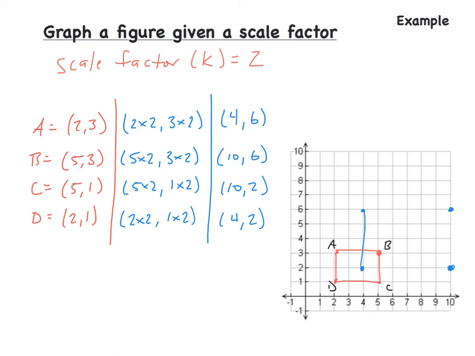Connect the points. Now if we relabel these as A prime, B prime, C prime, and D prime, this new blue rectangle is 2 times as big as the original red rectangle. So this is showing that the blue rectangle is a scale factor of 2 compared to this red rectangle.